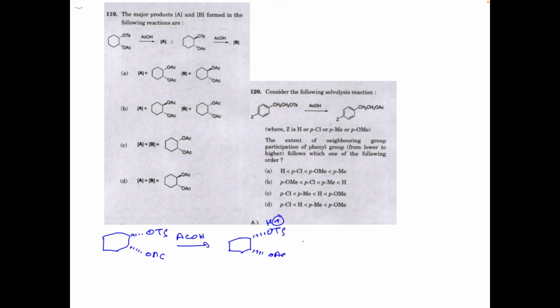After protonation, the acetate ion attacks opposite to the leaving group, SN2 reaction. So we will have the inversion product.